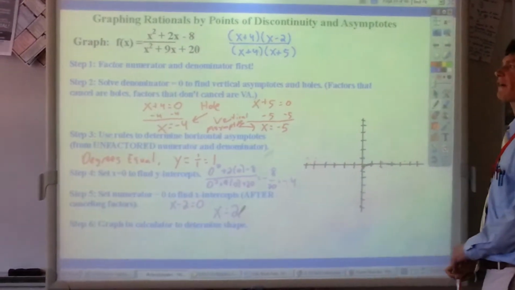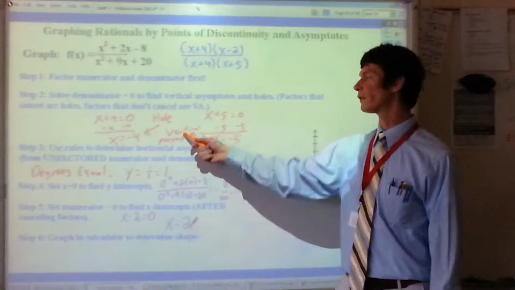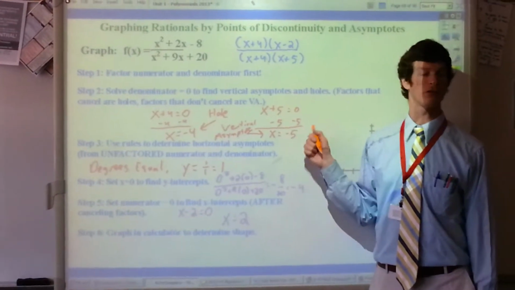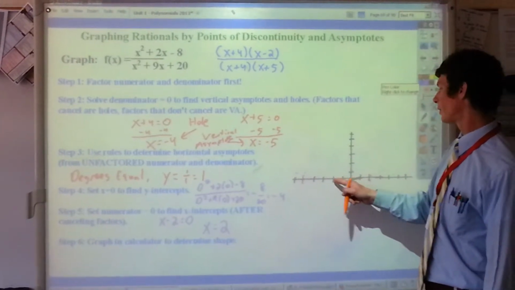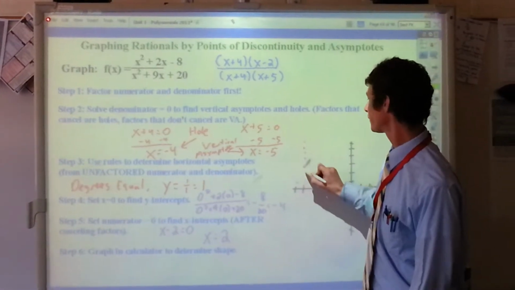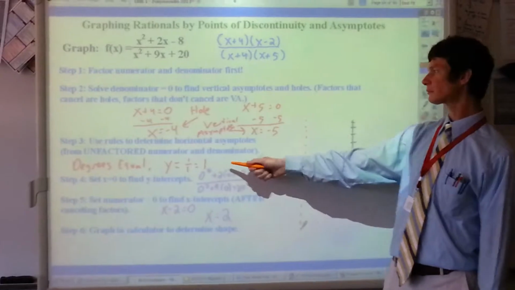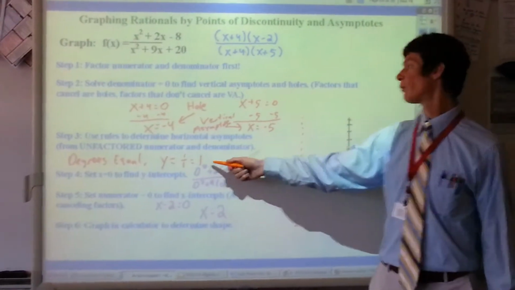So now we'll start graphing everything. Like I said, we do have to wait till the end on our hole. Vertical asymptote is that imaginary line that our function approaches but does not touch. At x equals negative 5, and we're going to represent it as a dashed line. Our horizontal asymptote, same thing. It's going to be a dashed line at y equals 1.